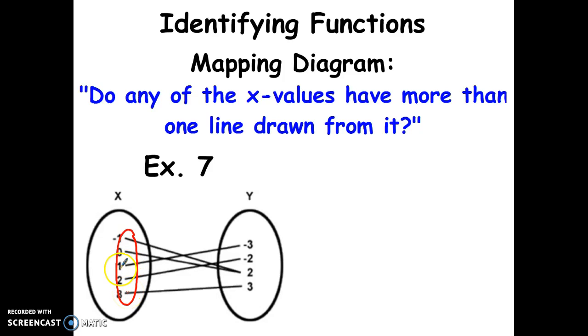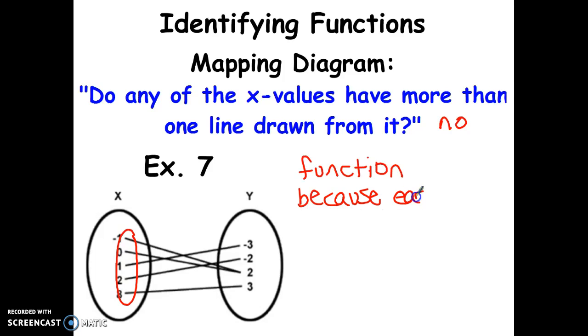So do any of these x values have more than one line drawn from it? Our answer is no. So therefore it is a function because each input has only one output.